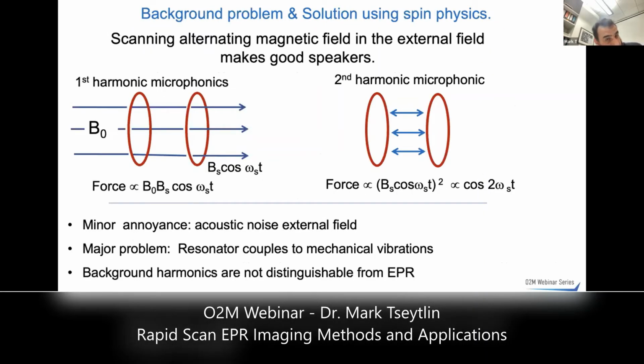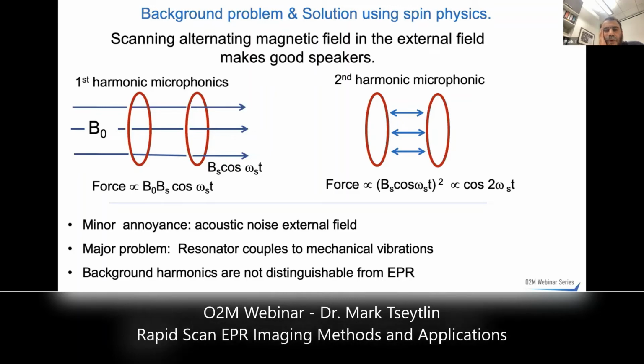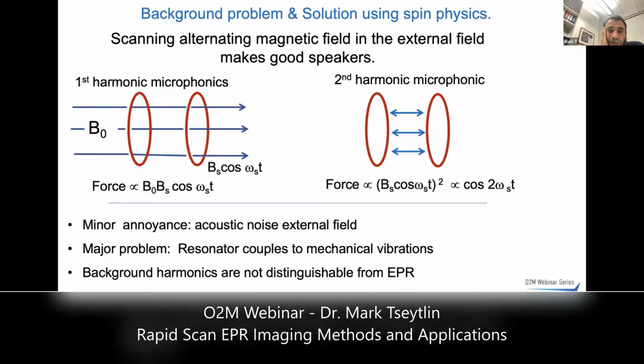There are several problems, but one of the key problems with rapid scan is the so-called background problem. If you have a modulation coil in an electromagnetic field, you have a speaker. They vibrate and create mostly first harmonic microphonics and a little bit of second, depending on what forces are acting on them.